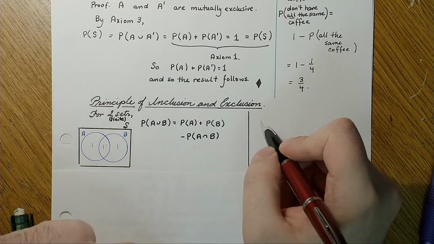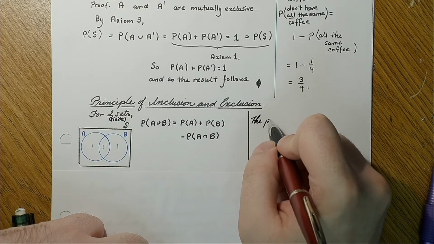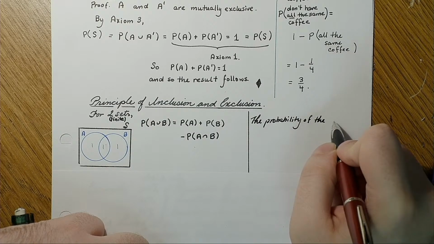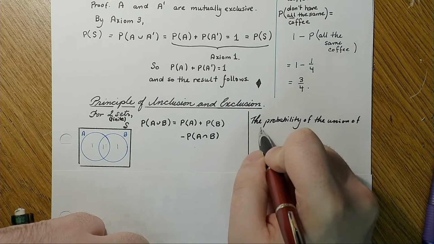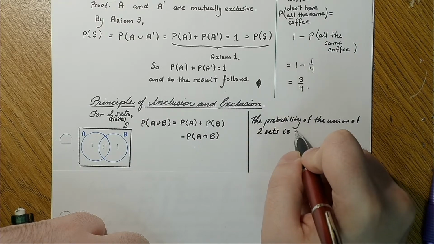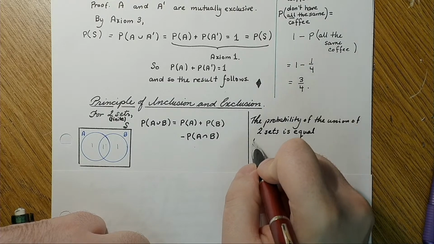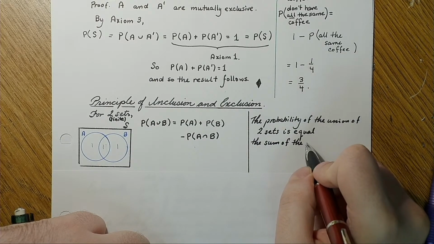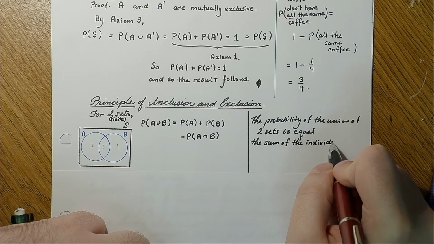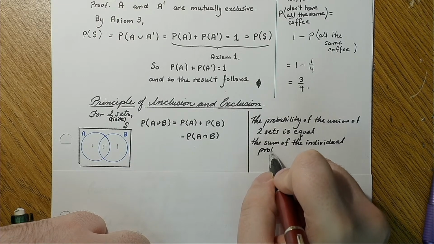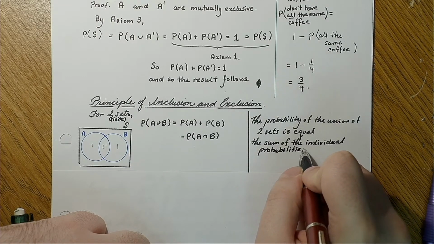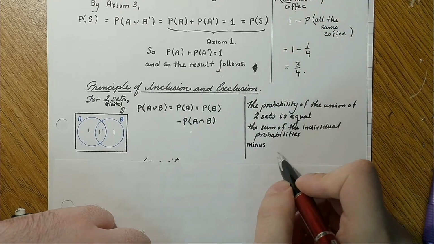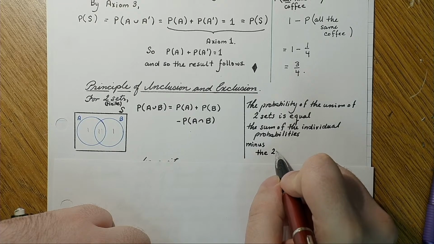So I will write some of the words over on this side. The probability of the union of two sets is equal to the sum of the individual probabilities minus, I'm going to call it, the two-way intersection.